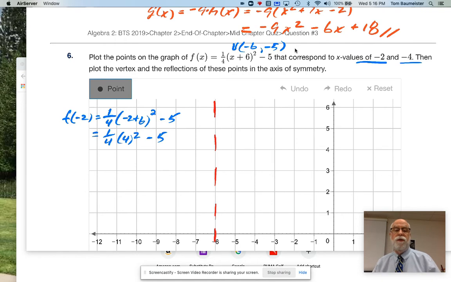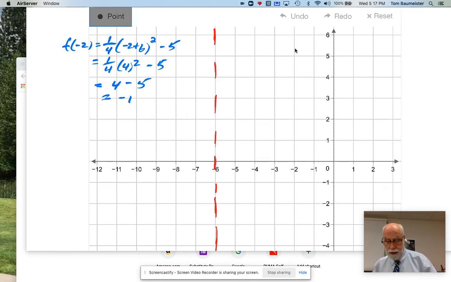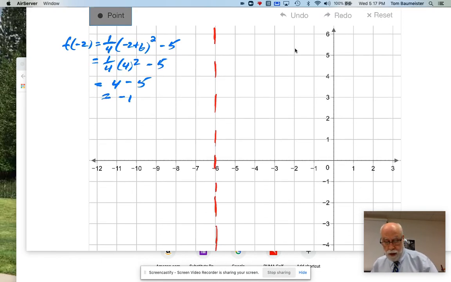So 4 squared is 16. 1/4 of 16 is 4. So I'll have 4 minus 5. And that will give me negative 1. So they're saying when x is equal to negative 2, y is negative 1, and that is your point.